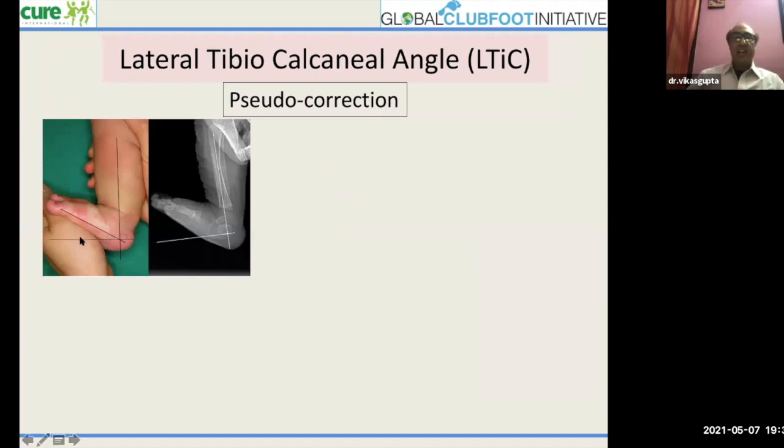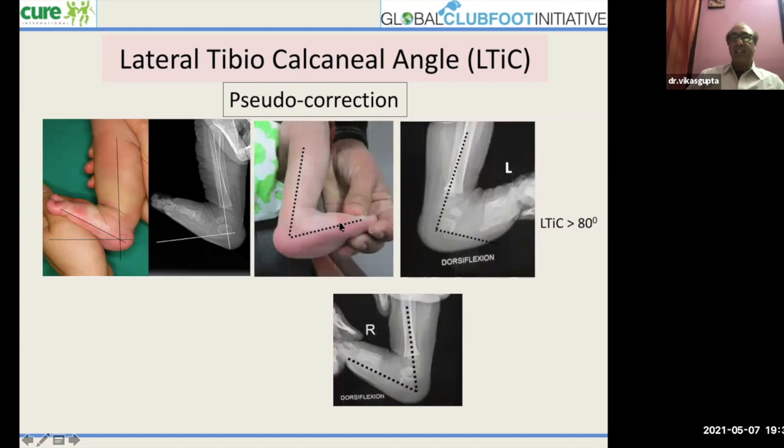This child, the deformity looks to be corrected. The ankle seems to be dorsiflexed on forced dorsiflexion. The ankle dorsiflexion seems more than 10 degrees, but the same X-ray shows the calcaneum still lies in a plantar flexed position. So this required a tenotomy. Another case in which the foot was chubby and it looked like there was no need for tenotomy.